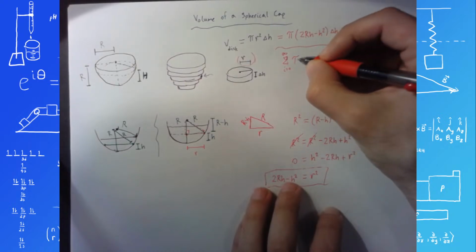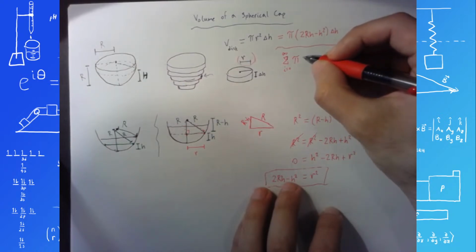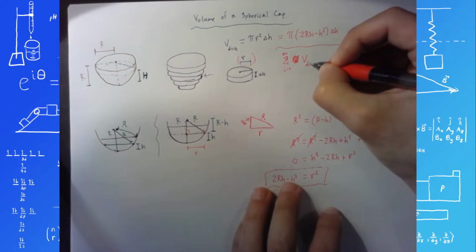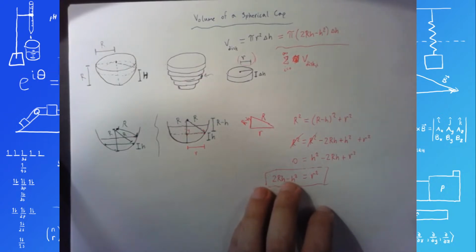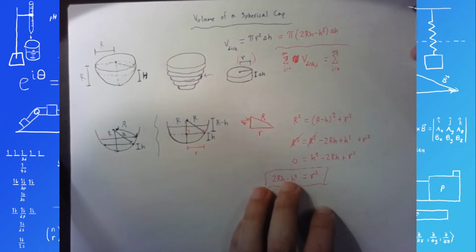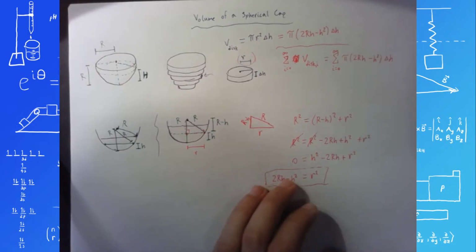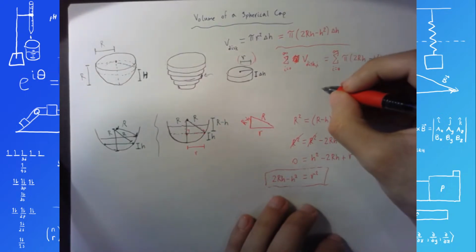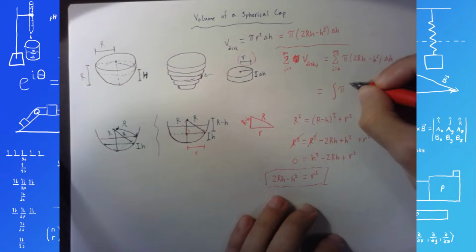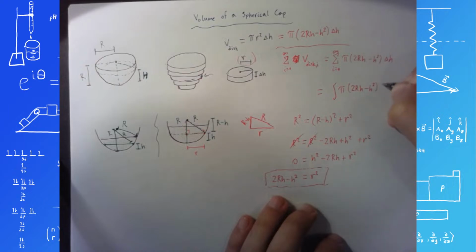So we get pi, hold on. It's the sum of a bunch of disks, and that can be rewritten as the infinite sum of pi times 2Rh minus h squared delta h, and then this becomes an integral of pi times 2Rh minus h squared dh.